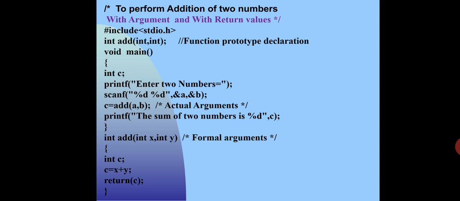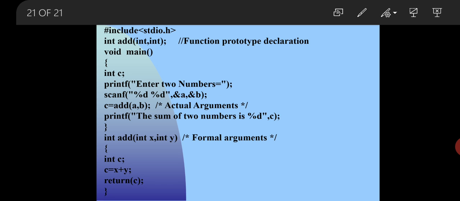From the main function itself, we are reading 2 numbers and the function is returning a value. So we want to store it in a variable. So we are writing c equal to add of a b. How is it called? c equal to add of a b.